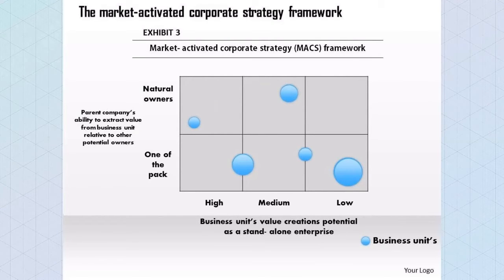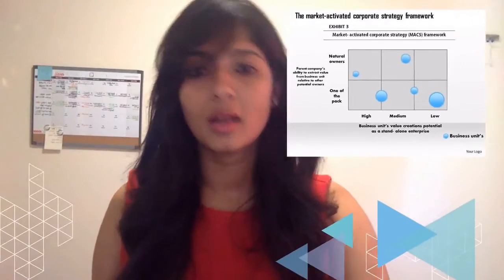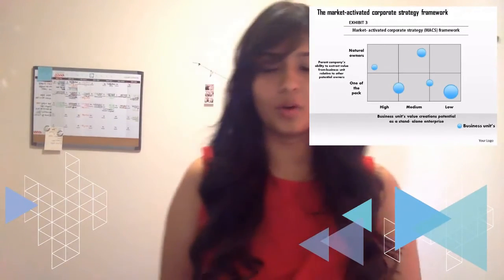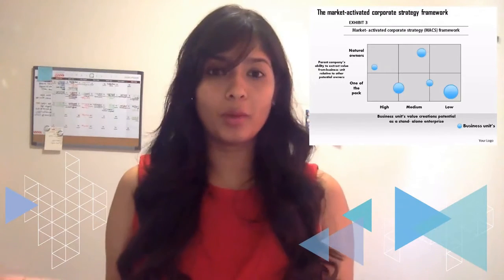If the way the company extracts value is unique, then it is placed under the natural owner, else it is placed under one of the parents. This framework also helps us understand the synergies between business units, and which business unit is actually adding value to the company and which is losing value from the company.